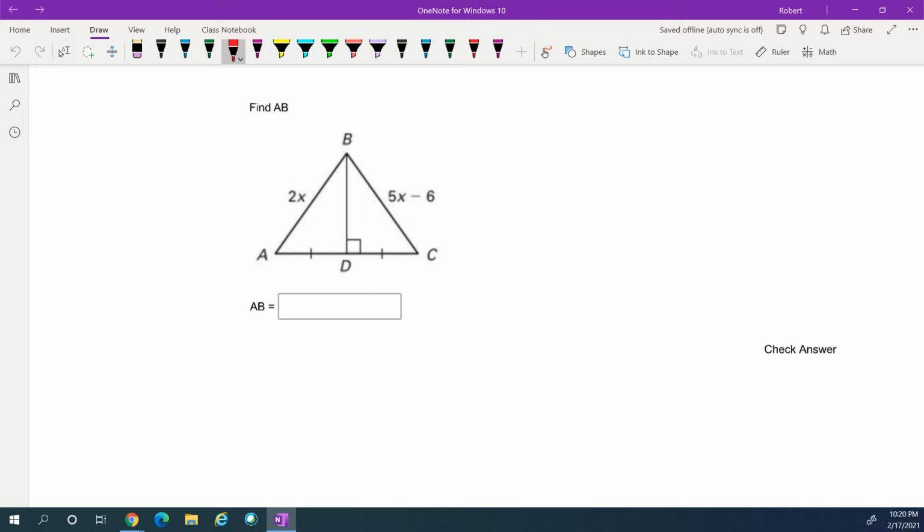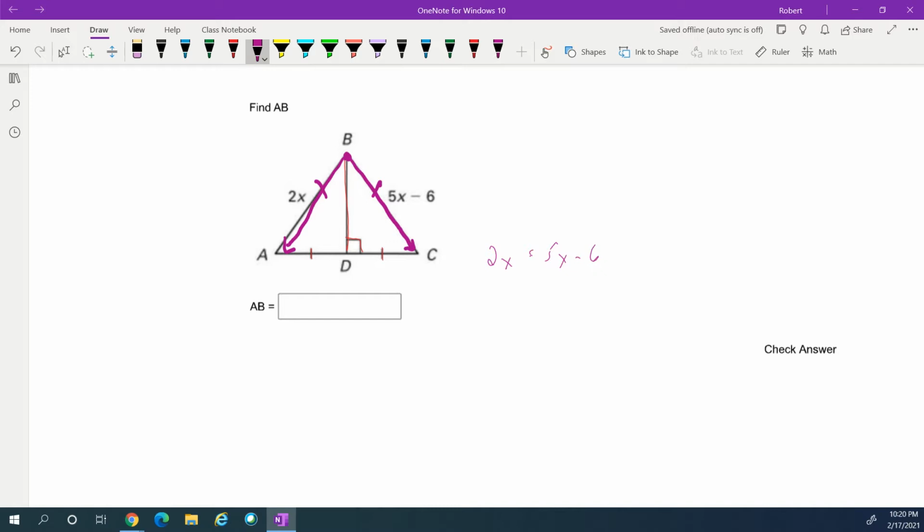This is a perfect example. We have a perpendicular bisector. So any point on the bisector is equal distance to the endpoints. So in this question, 2x equals 5x minus 6.